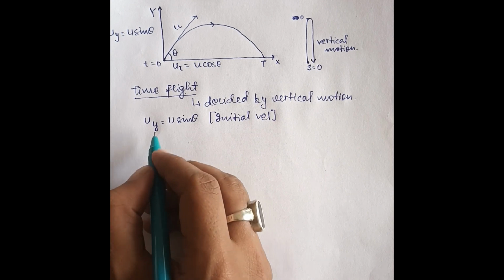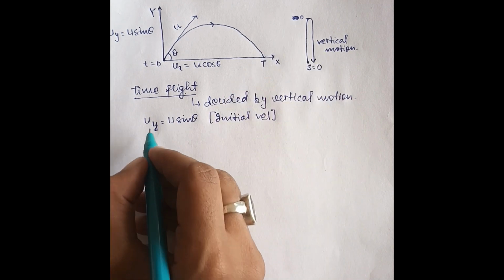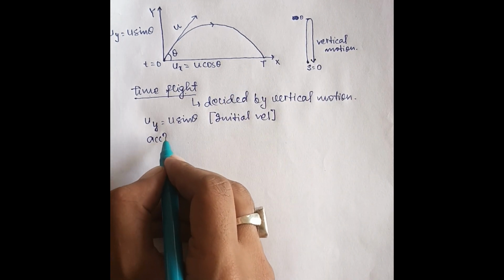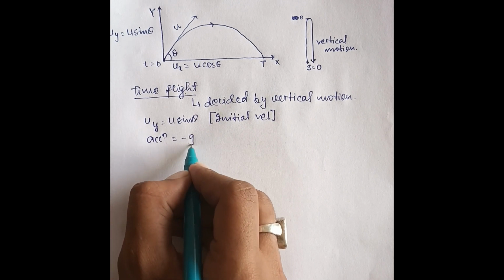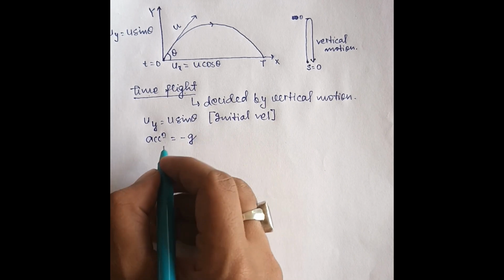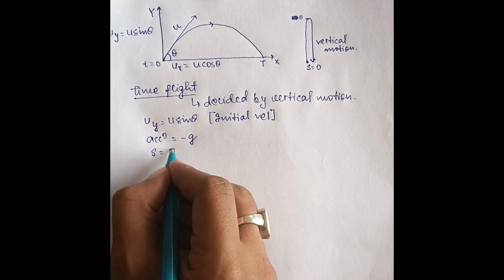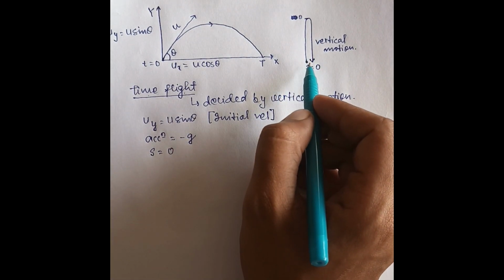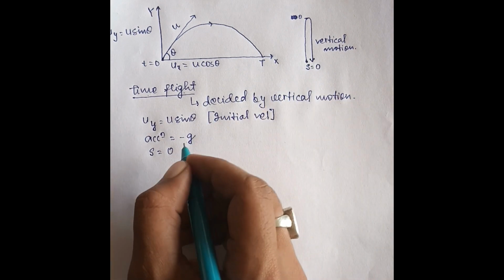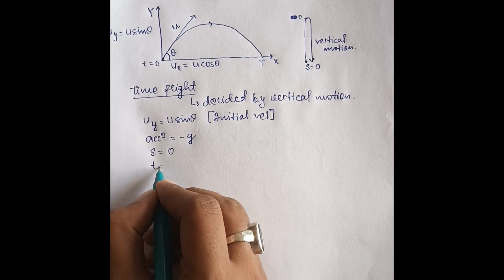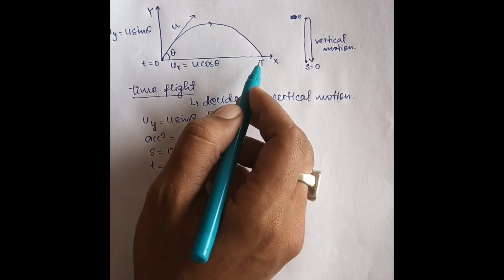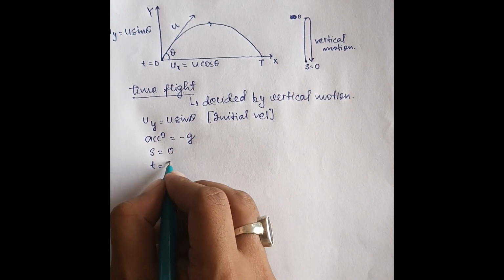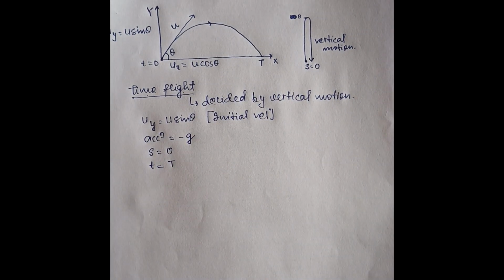And when the body is moving upwards, we take acceleration due to gravity as minus g, that is negative of g, and the displacement we have considered to be 0 because it is moving upwards and again coming back to the same position. And here the total time taken, let us consider as capital T.